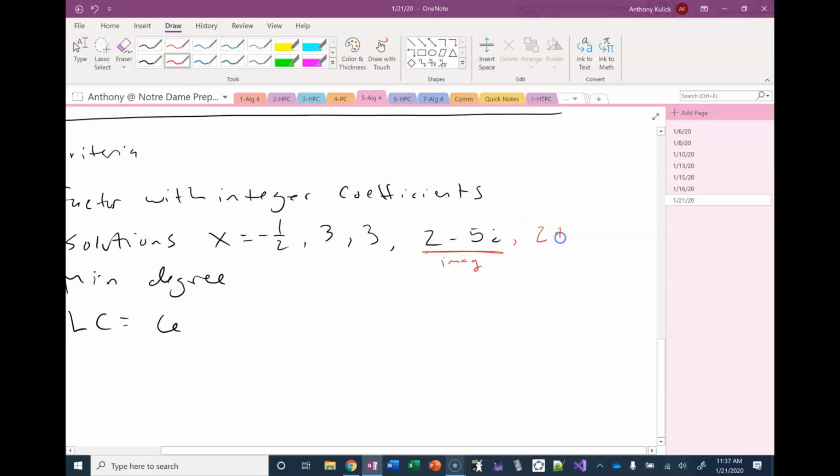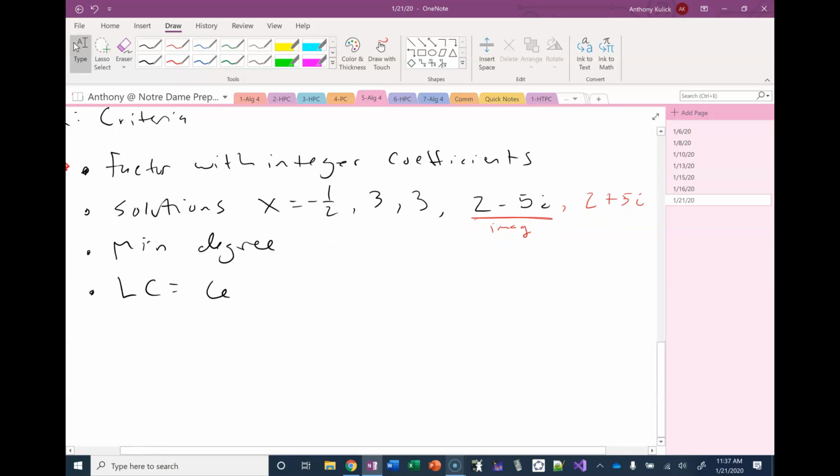It's 2 plus 5i. So remember, for conjugates, the only part that changes is the sign on the imaginary or the irrational part. Everybody okay there? All right.